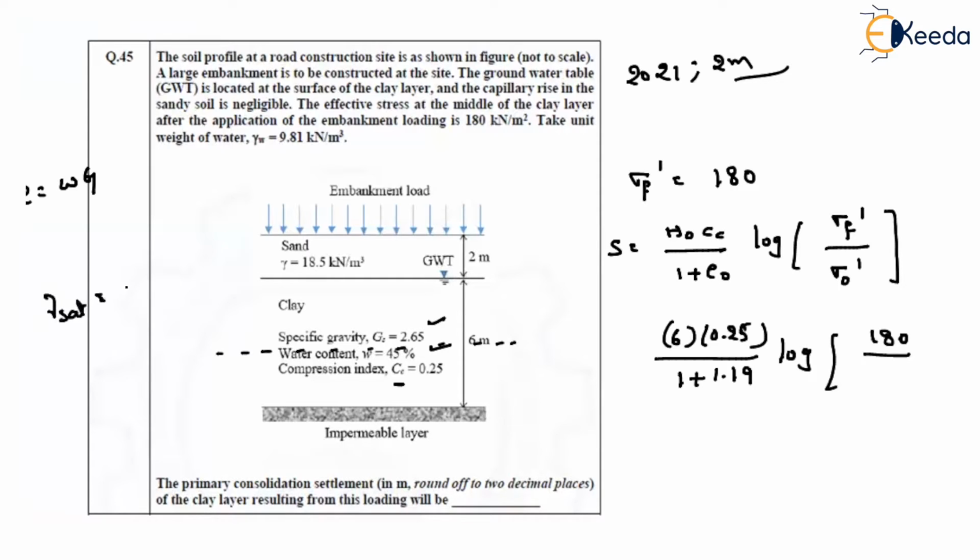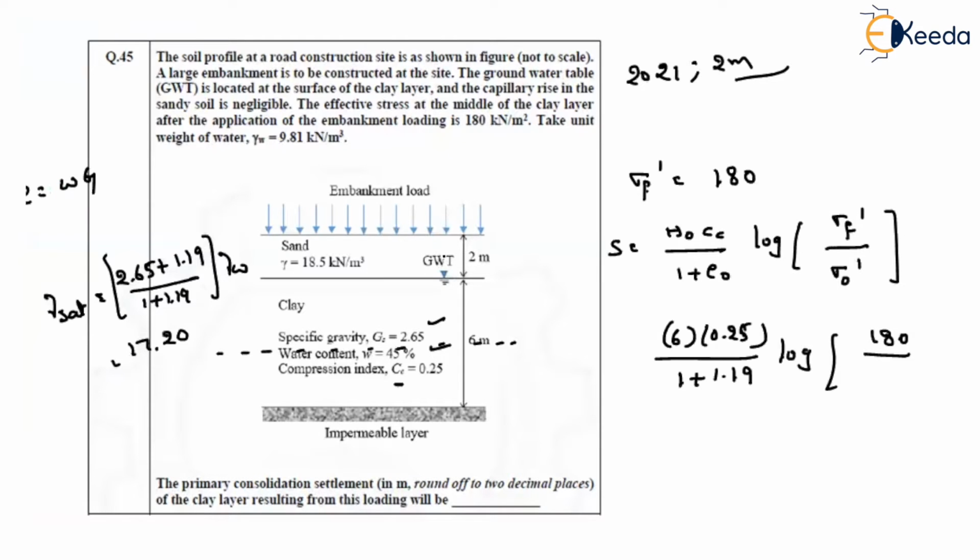That is G plus e, where G is 2.65, e is 1.19, divided by 1 plus 1.19, times gamma w. So if you solve this calculation, you will get around 17.20.